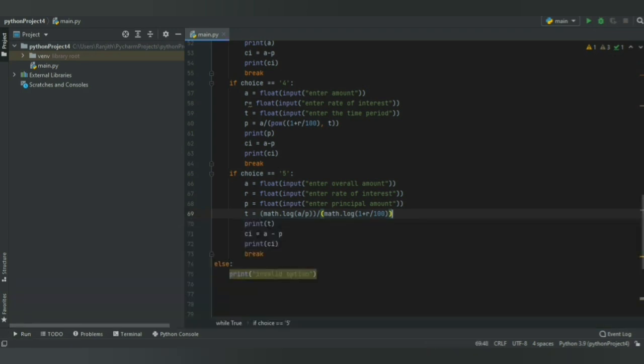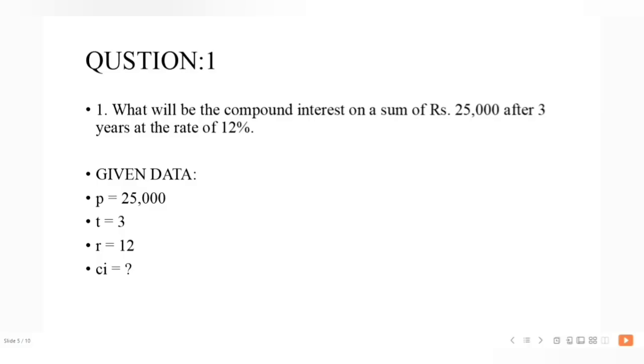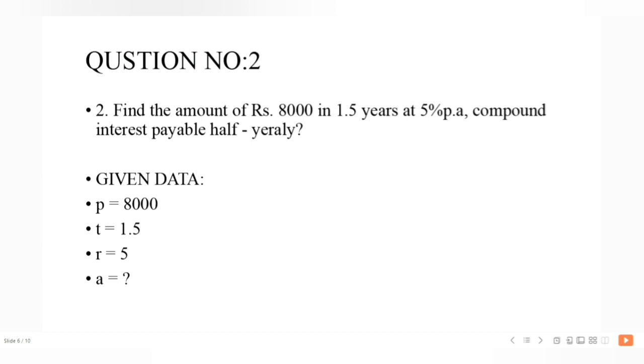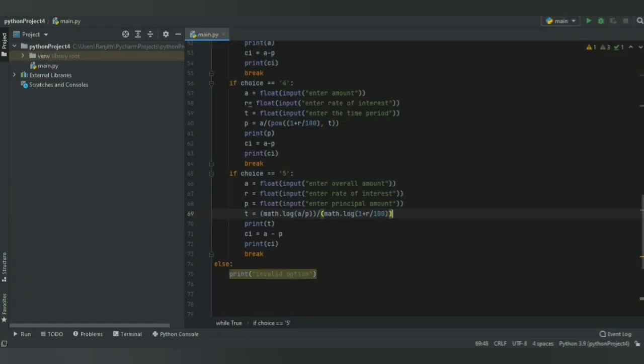And next one is: find the amount of 8,000 in 1.5 years at 5% per annum compound interest, half yearly. They ask for the amount, and they gave the principal amount, time period and rate of interest. Just open our Python program, run again.